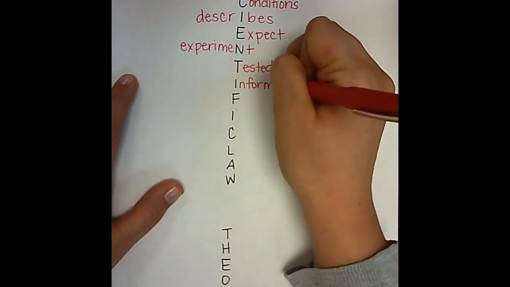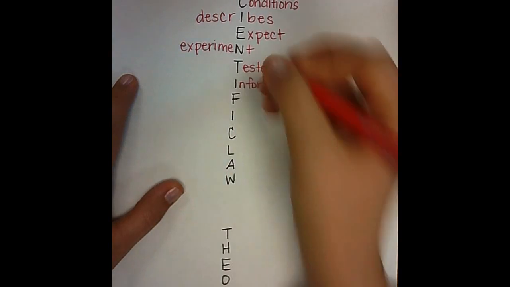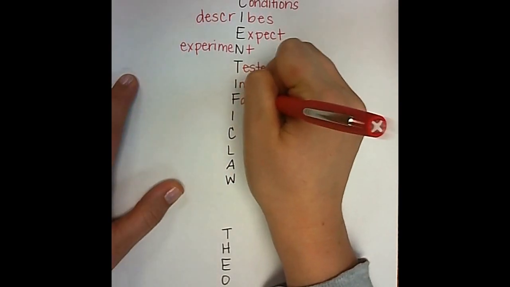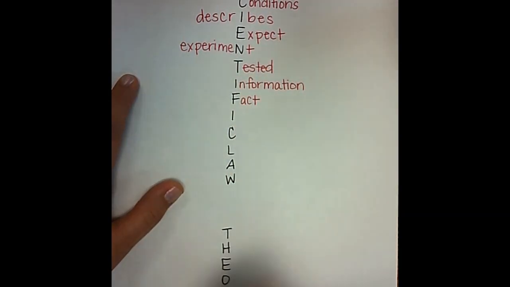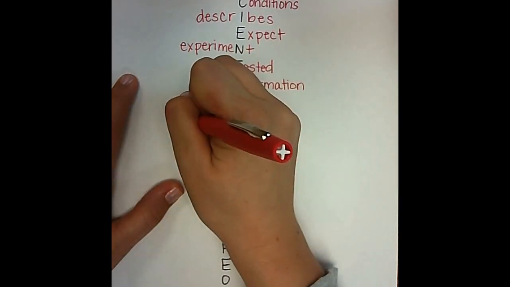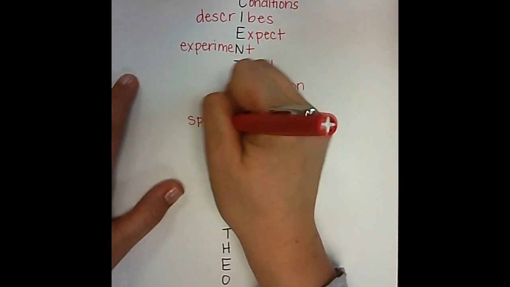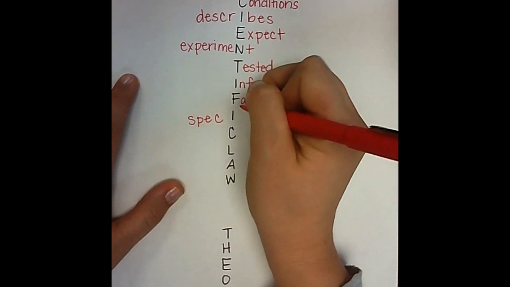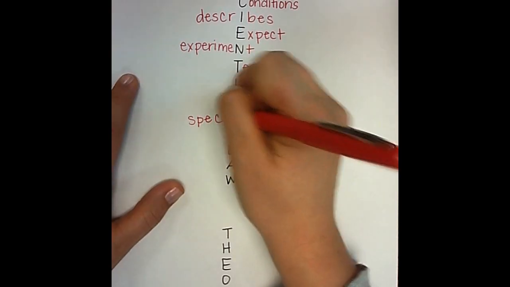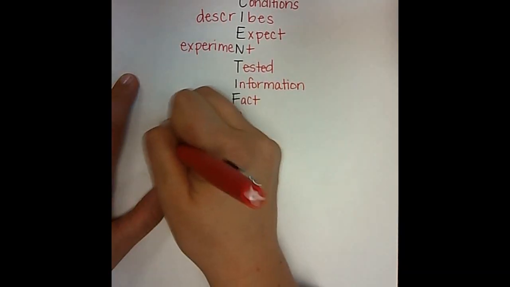For the I, I'm doing information. So a scientific law is going to give you information about science. F, a law is a fact. I am going to do specific. For the C, I'm going to do particular.